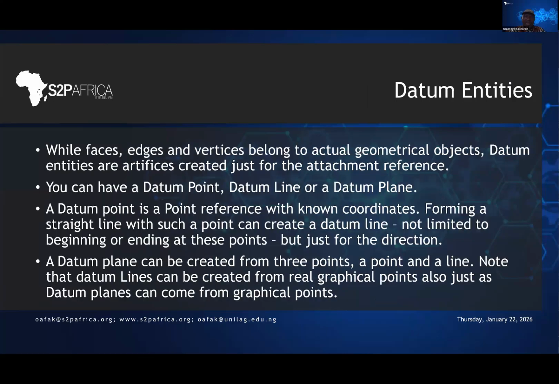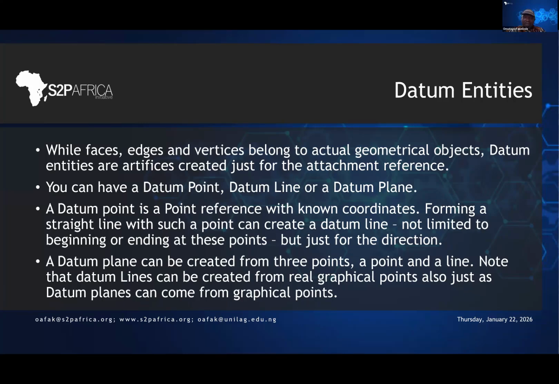Now we get to what is called datum entities. While faces, edges, and vertices belong to actual geometrical objects, datum entities are artifices created for the attachment reference. They are artificial, but they are things that you can see.